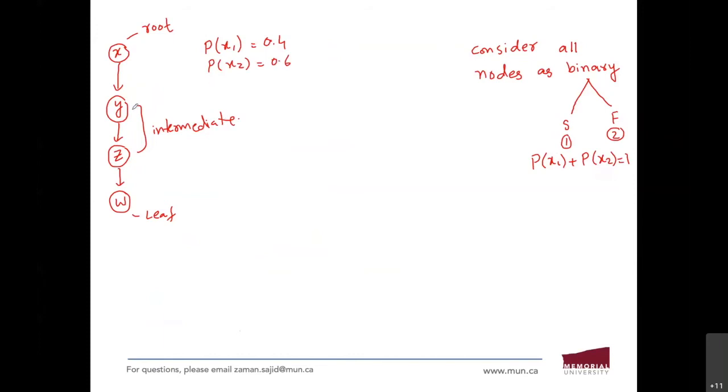Similarly, for example, I'm given the probability for y. Now it can have either x1 or it can have x2, because there are two states of x as well.